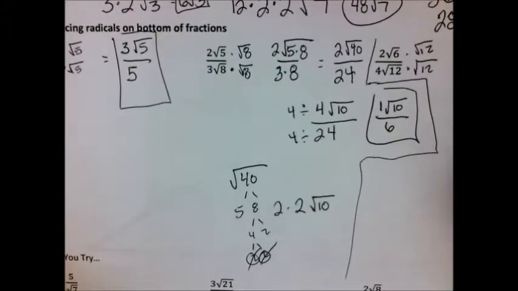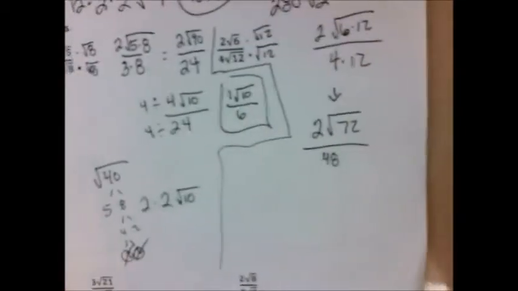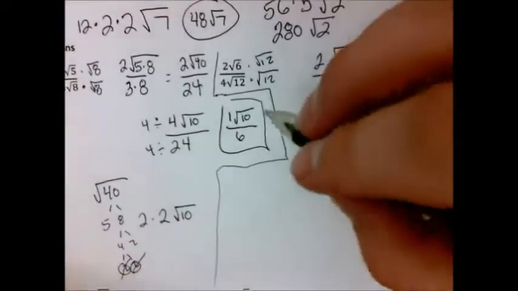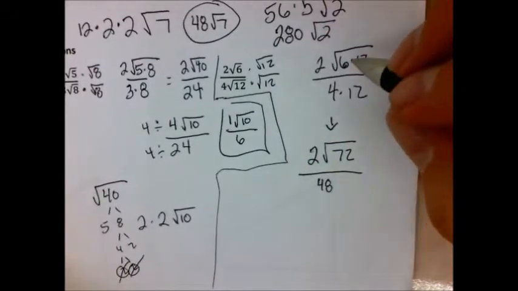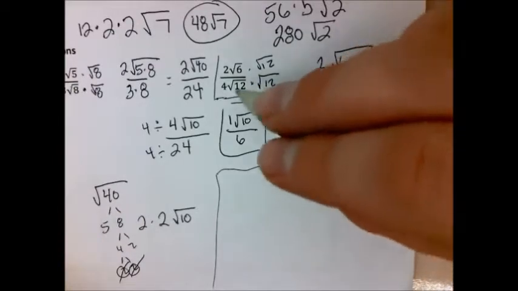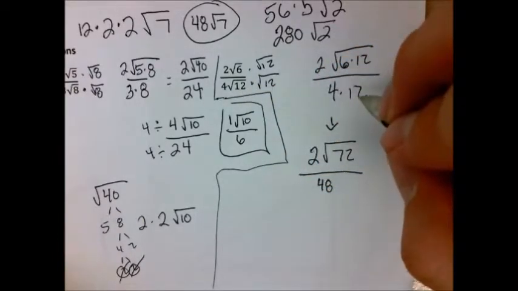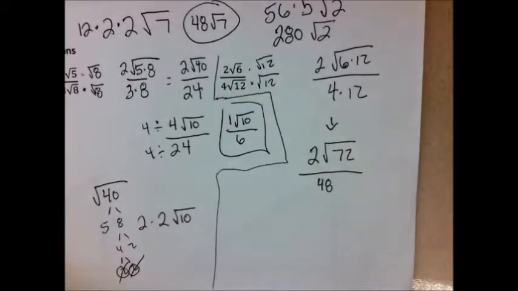That gives us 2 square root 72 all over 48. Oh, my bad. We multiplied both the bottom and top by square root of 12. So that means it's going to be 6 times 12, and since these are two the same, it cancels out. So it becomes 4 times 12, which is 48, and 2 square root of 72.